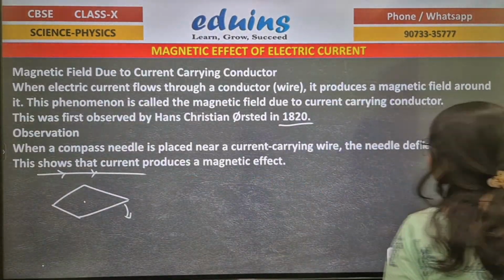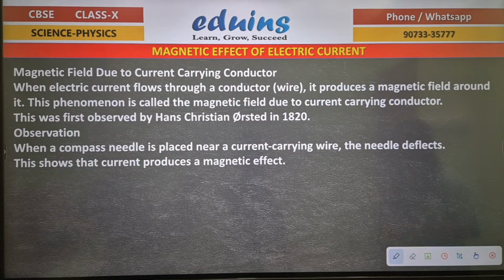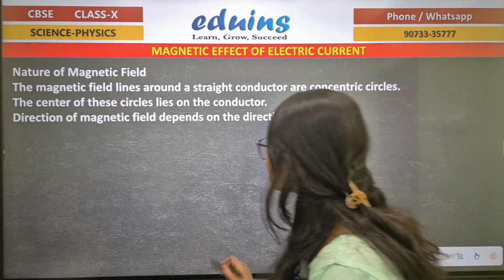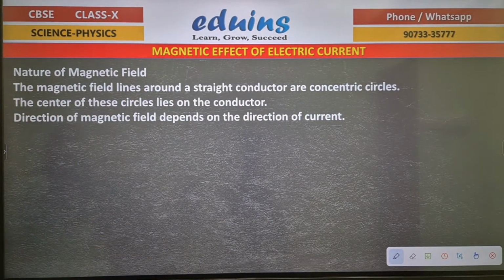Now we have to know about the magnetic field for a current carrying conductor, how it is produced for a straight wire. First we have to know the nature of the magnetic field. The magnetic field lines around a straight conductor are concentric circles.